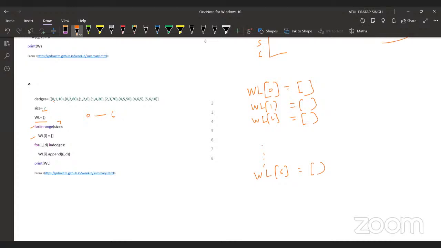For the first edge we append 1 comma 10, which is one edge representation. Similarly, the second edge is 0 to 2 with weight 20, which also starts from the same vertex 0, so we append 2 comma 20. We store the edge information in this format in the dictionary.